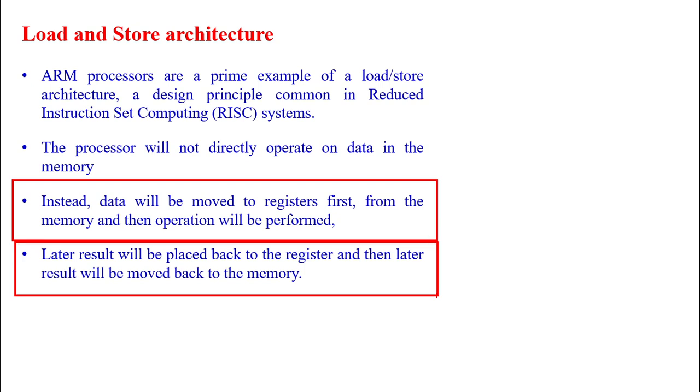Because RISC processors are not allowed to handle memory directly. Handling memory requires more cycles and more execution time, but RISC means it should take very little time to execute. That's the reason load and store architecture came into the picture.